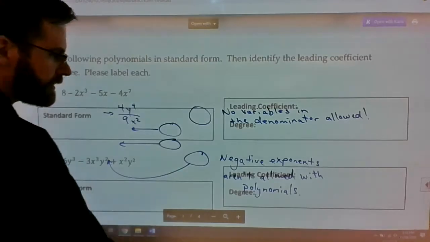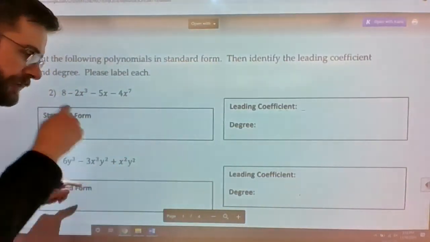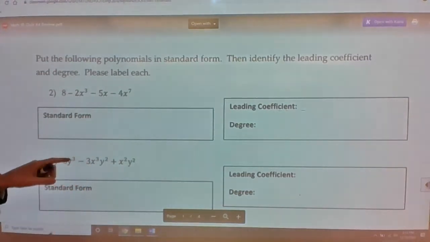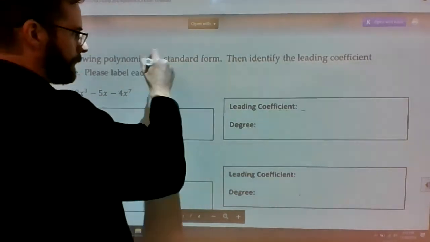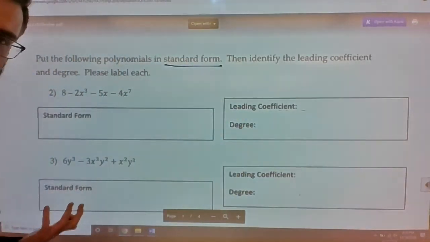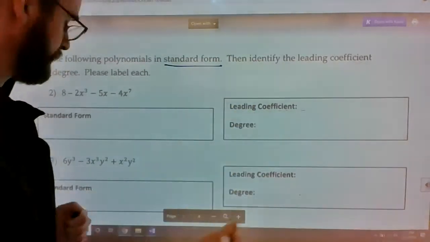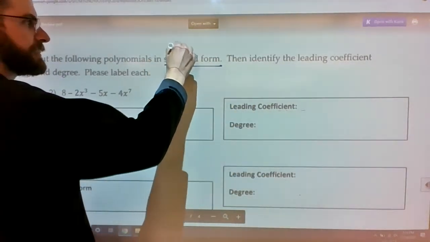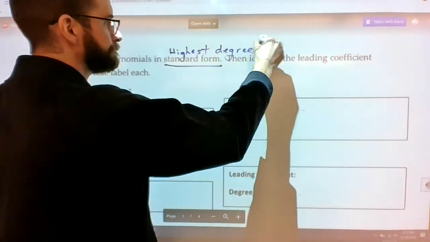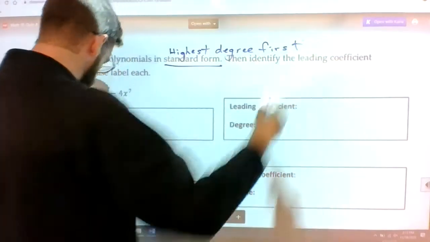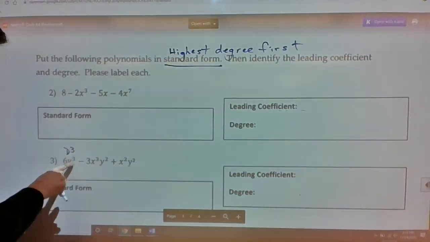All right, number 3. We're given a polynomial and we are asked to put it in standard form. Again, this is from the first video I did. Standard form means put the highest degree first. This part has degree 3 because of the y cubed.